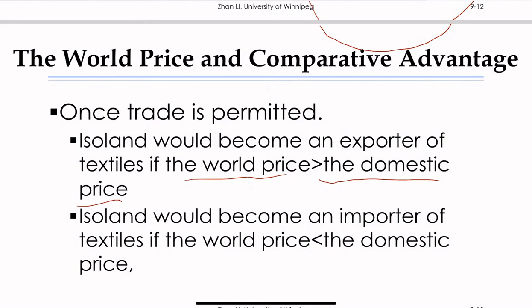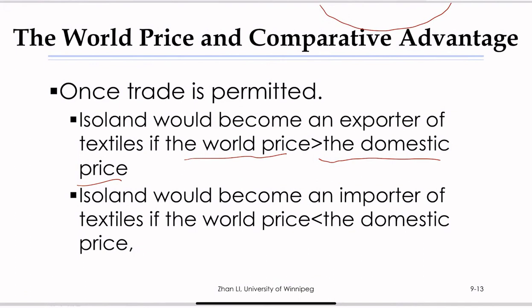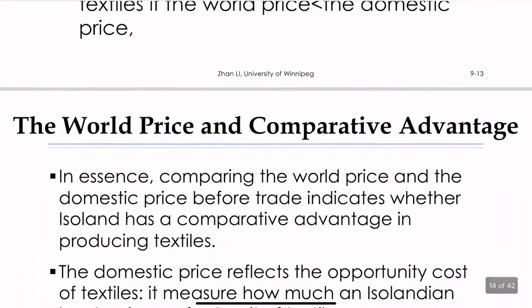This implies the outside world should specialize in producing textiles, and Iceland should import from the outside world. Right? So you can see that this role of importer and exporter is actually related to comparative advantage.